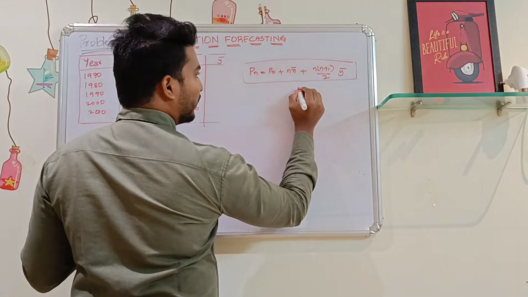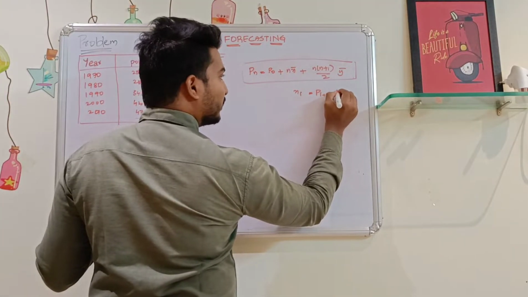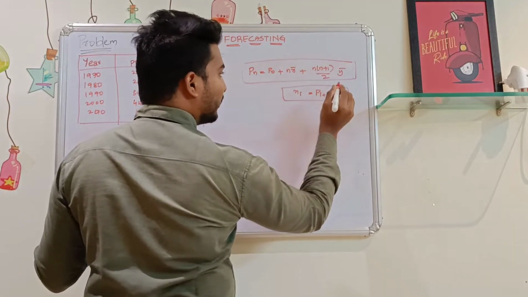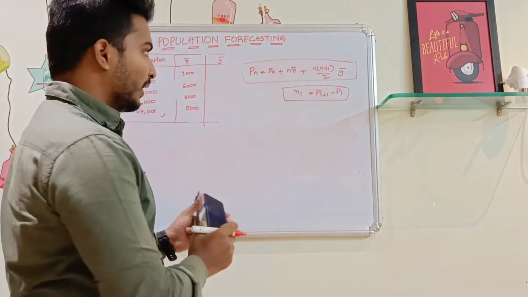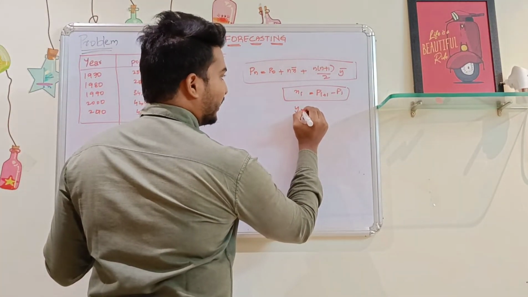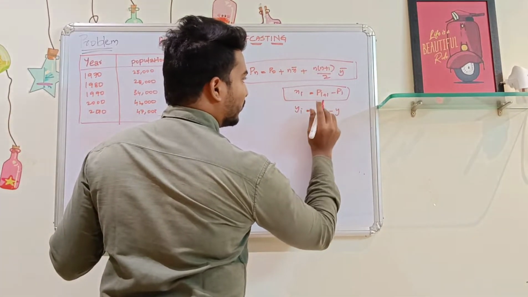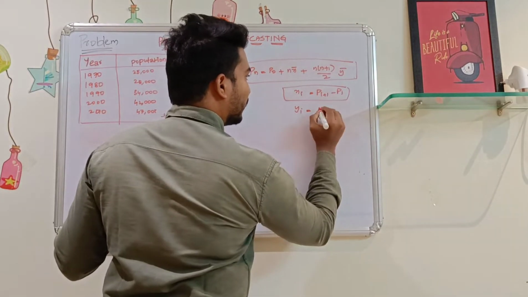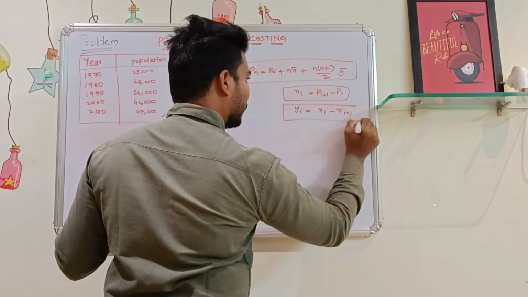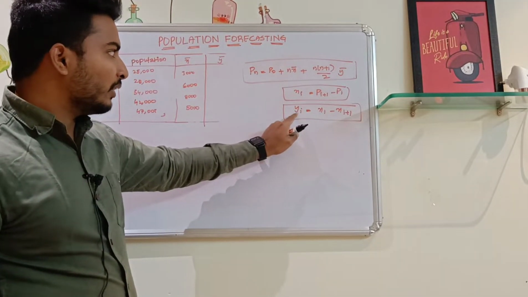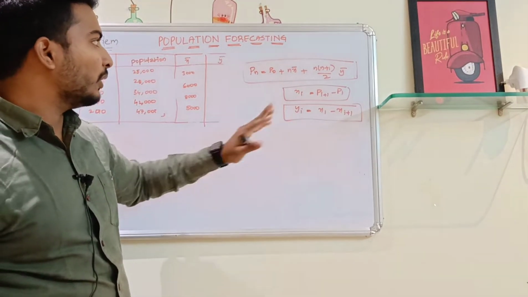So xi is equal to p(i plus 1) minus pi. This is the formula. If I need to find x1, it is p2 minus p1, and yi is equal to xi minus x(i plus 1). So if I need to calculate y1, I need x1 minus x2. So that is the formula of x and y.